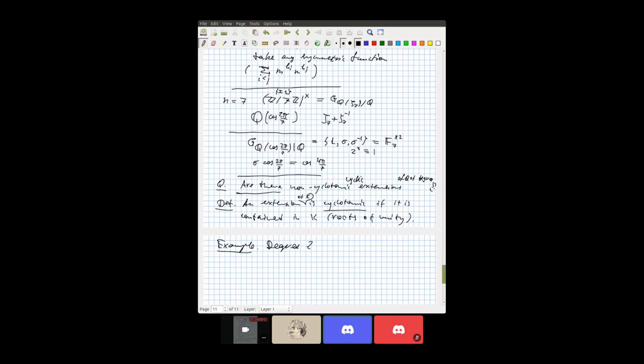Degree 2 extensions of Q. As you said, what are degree 2 extensions of Q? As you said, they are just... do you know why there are no others?